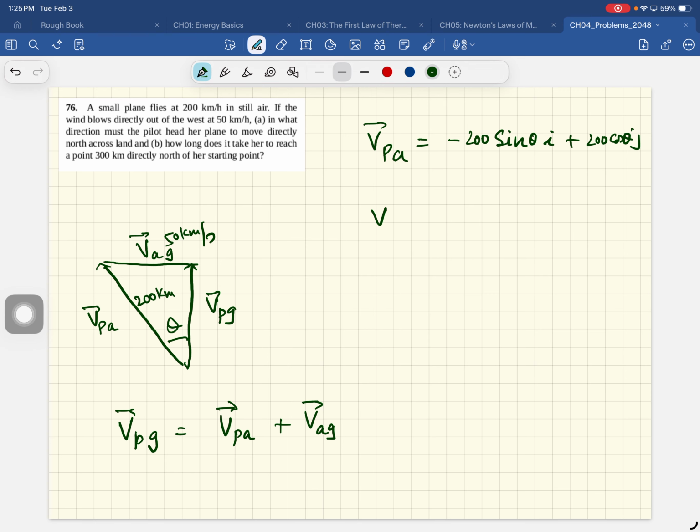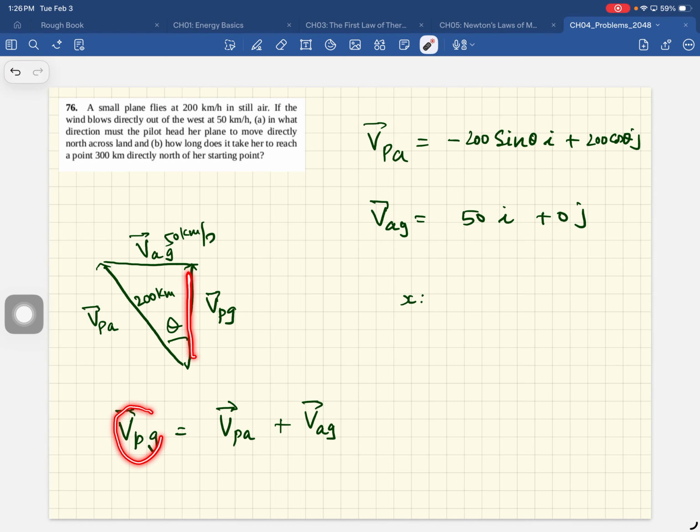So the velocity of the boat with respect to water: there's the x component and there's the y component. Minus 7 cosine 30 i plus 7 sine 30 j.